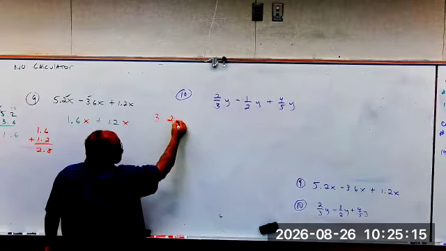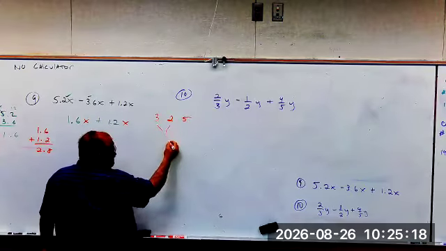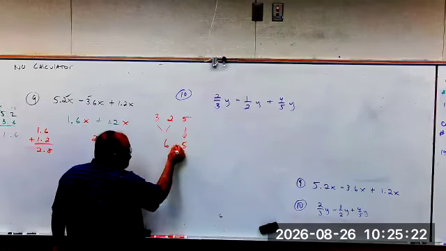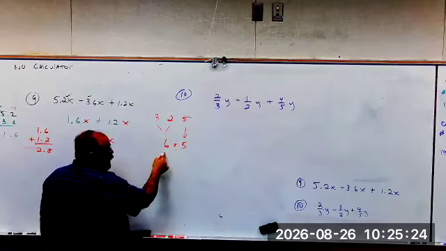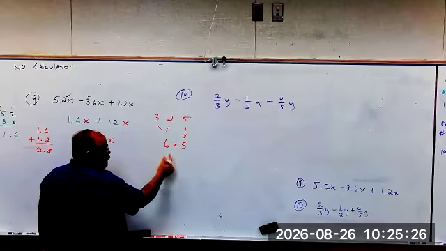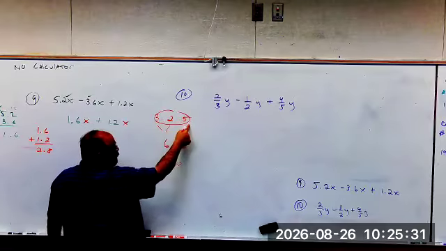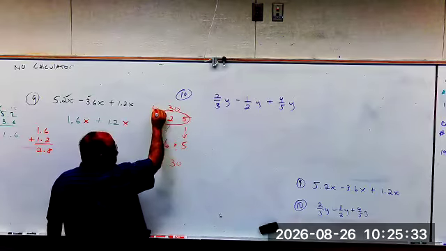So we've got 3, we've got 2, we've got 5. The least common denominator here is going to be the 6. Now I've got to take care of the 5. So from the 6 and the 5, what's the least common denominator for those? 30. So the least common denominator for all three of them is 30.